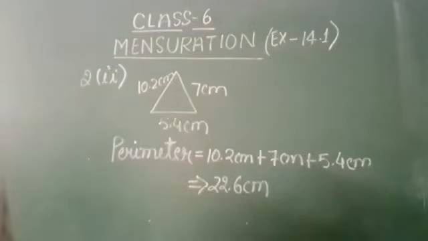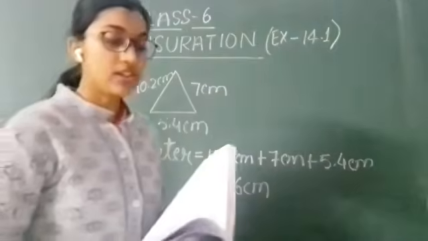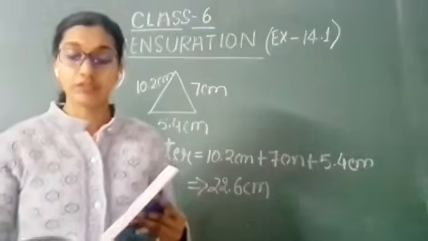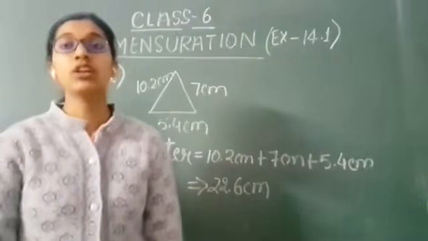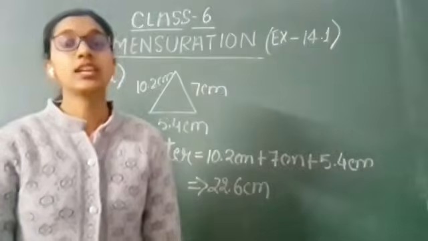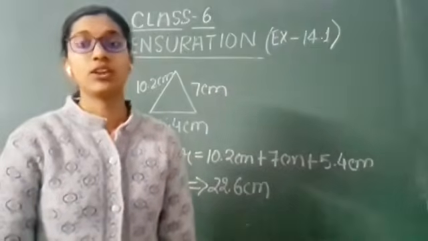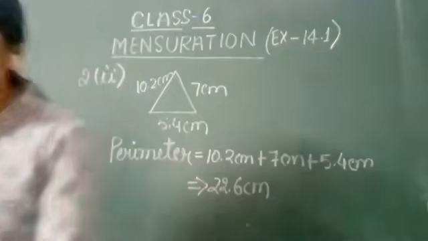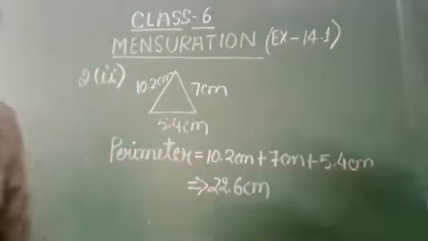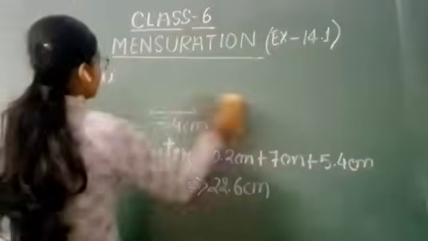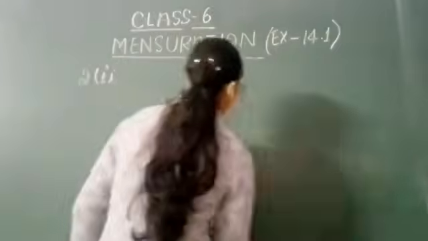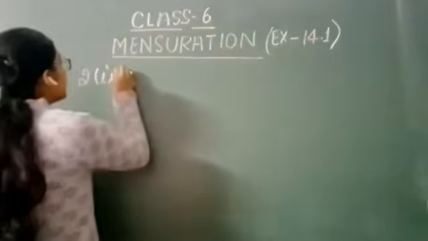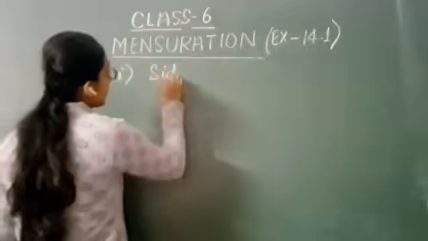Then the third part is given, an equilateral triangle of side 11 cm. So in this case, we have to find the perimeter of an equilateral triangle. We have the formula, that is 3 into the length of its side, or we can add the sides also. So in the third part, the side is given, 11 cm.